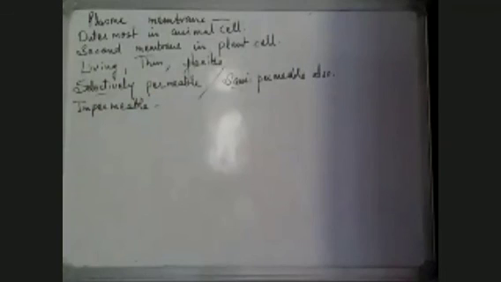Permeable allows everything to pass through it. So cell wall is fully permeable. It allows everything to pass through it.